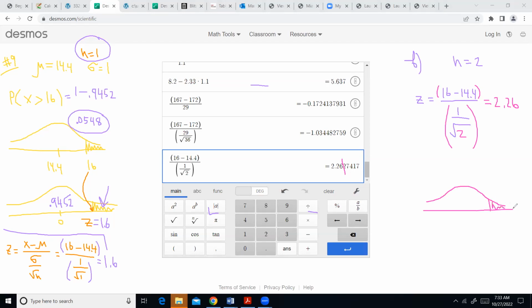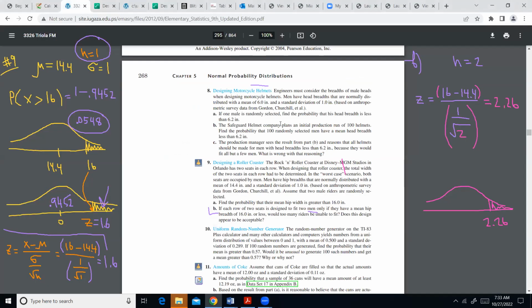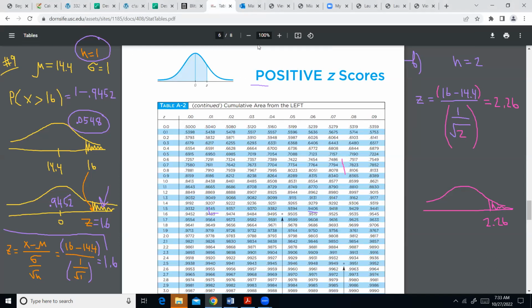If I want to look at 2.26 and the area to the right from it once again, then I need tables. So it looks like we're using tables and we'll be using them a lot. So I guess I need to start to enjoy it. So 2.2 is the row and 0.06 is our column.